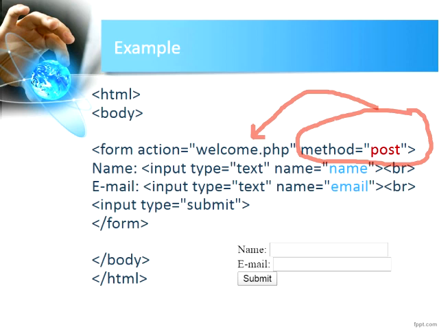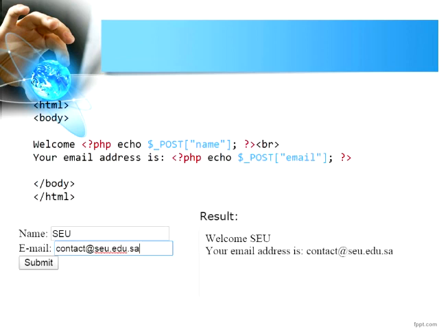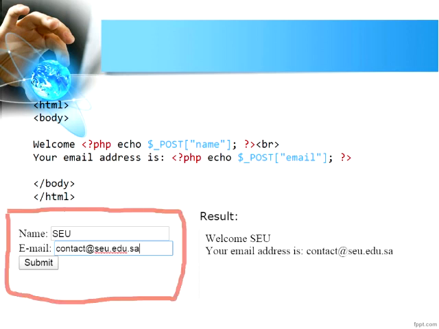Okay, this is an example. We have a form like this, and we want to create a PHP code, and this PHP code extracts the value here in yellow, the value SEU, and the value contact at SEU.